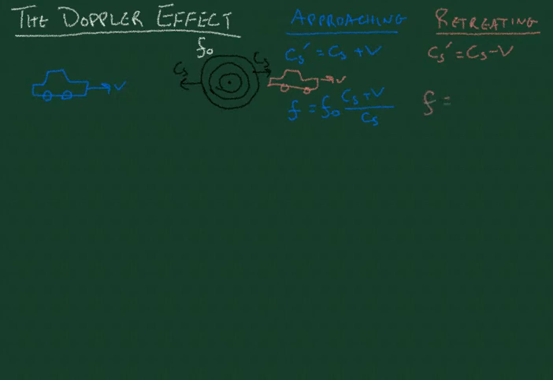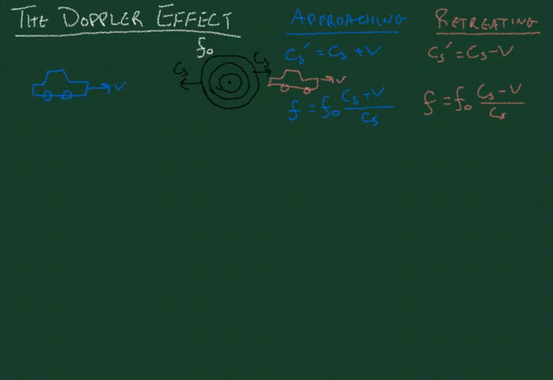The frequency we hear when we're moving away would be the speed of sound minus our speed over the speed of sound. So we see that as we're approaching, we would get a higher frequency. As we're retreating, we would get a lower frequency. And we can understand why. It has to do with how fast the sound is moving towards us.